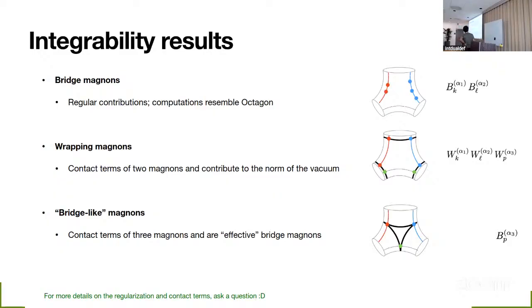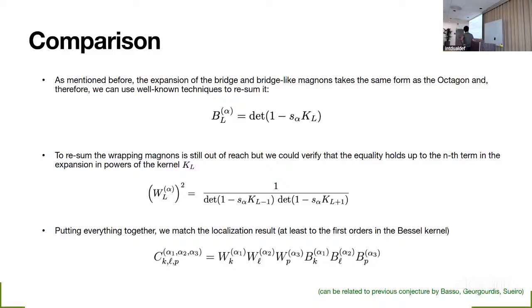And you also have these other kinds of poles that are some triple contact terms between three probabilities like this, and remarkably, it contributes with a vector with the sum of all the twists and the sum of all the bridge lengths, some vector like this, and so this is B. This is what happens if you just insert a bunch of magnons in one bridge and take some. You have something like this.